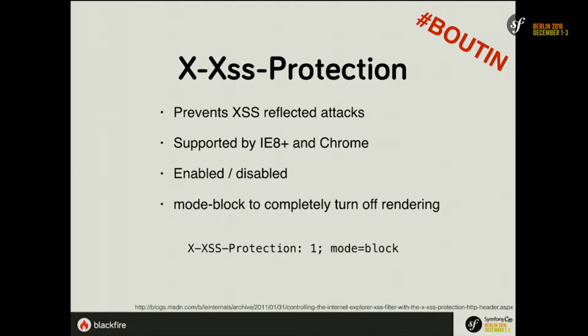So X-XSS-Protection is just a heuristic that compares query parameters and what's rendered in the DOM. To avoid the XSS vector, you just put the value of the header to 1 enabled, 0 disabled. If you use the option mode equal block, you block the complete rendering of the web page.